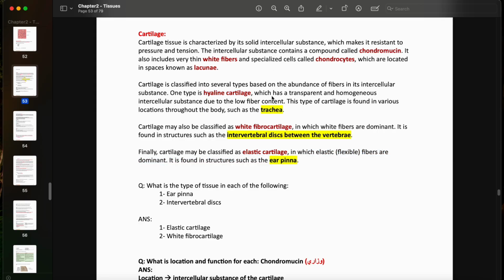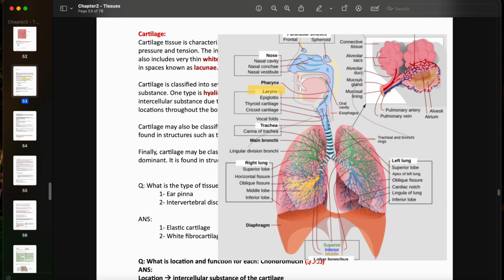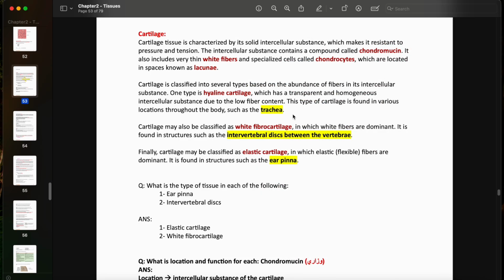So all of the descriptions, all of the traits, all of the adjectives that we're giving to the hyaline cartilage are very important to memorize. This type of cartilage is found in various locations throughout the body, such as the trachea. And the trachea is this part of the body. It's part of the respiratory system.